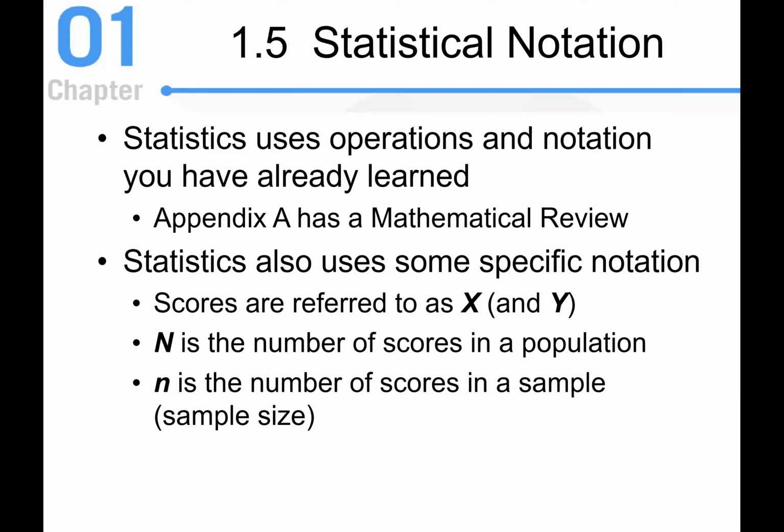It's very important. We're going to say sample size a lot in this class, and we're going to deal mostly with samples. So the lowercase n is going to become very important. All of these statistical notations I'm going through now, we're going to be using in every single formula. So you need to understand and make sure you are comfortable with this notation.